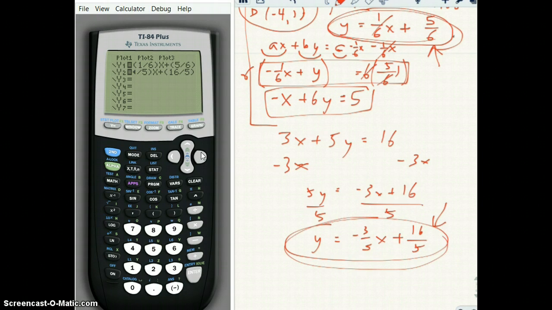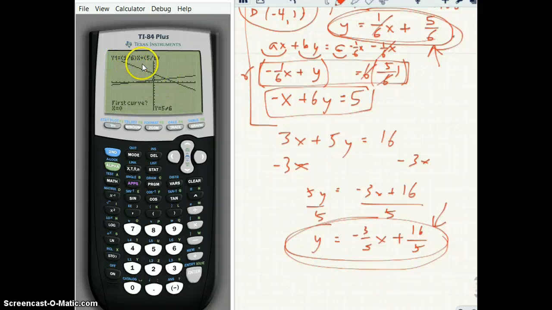Now I'm going to find the intersection between the two by doing second calc and then intersect. It should graph each one. You can see the intersection is right there. To do the intersect, it asks, do you want to use this curve?